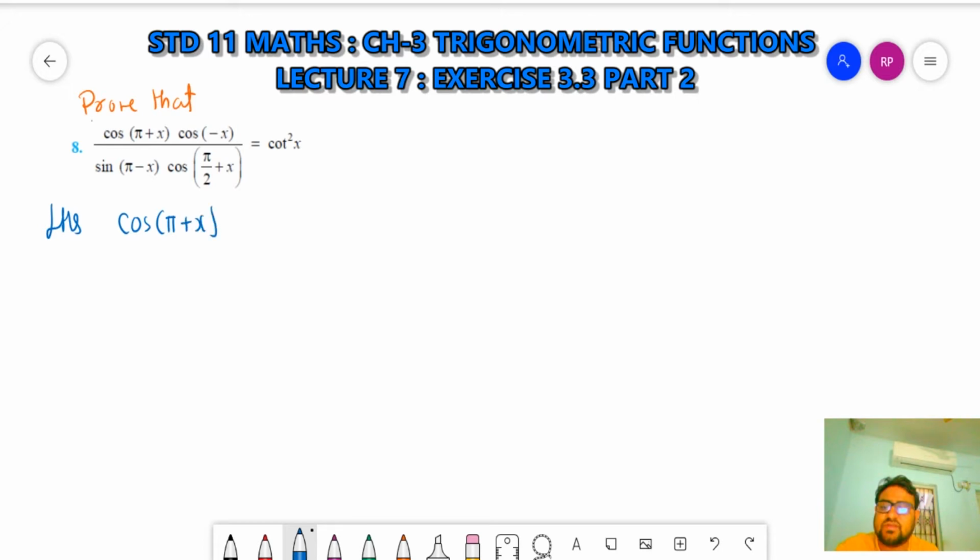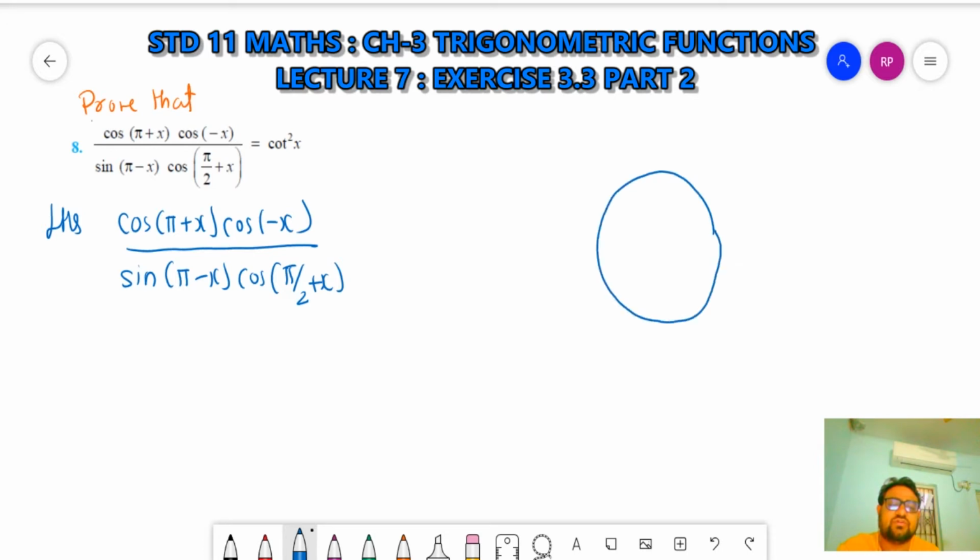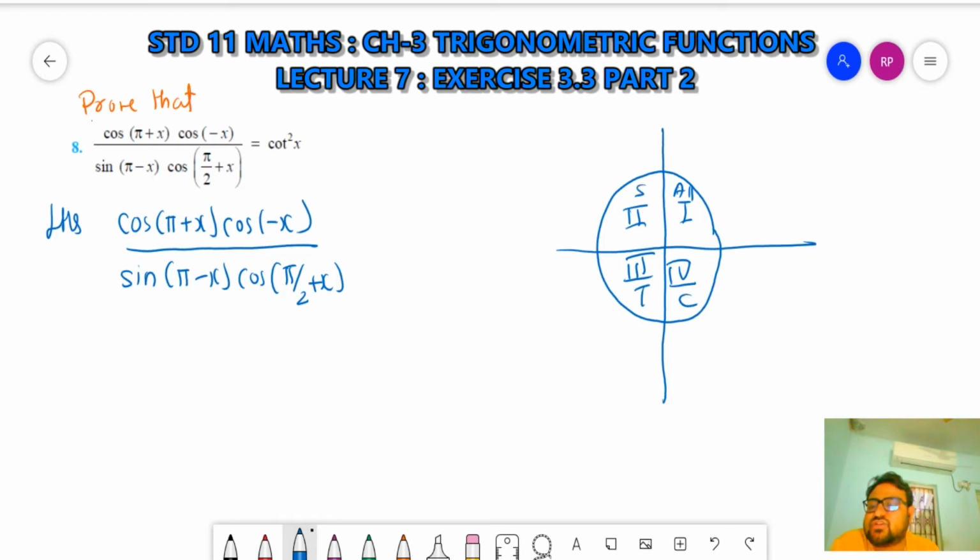Cos(pi plus x), cos(minus x), sin(pi minus x), cos(pi by 2 plus x). Here we require a unit circle: first, second, third, fourth, all S T C. The first is cos(pi plus x).